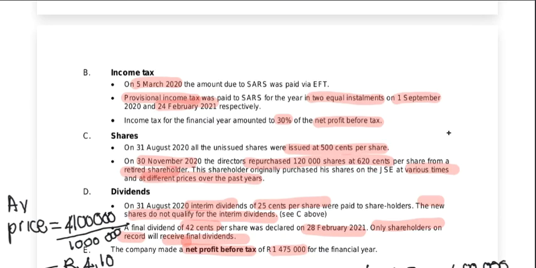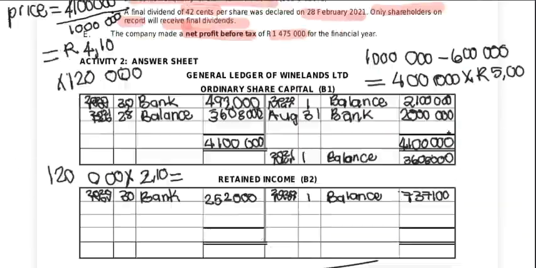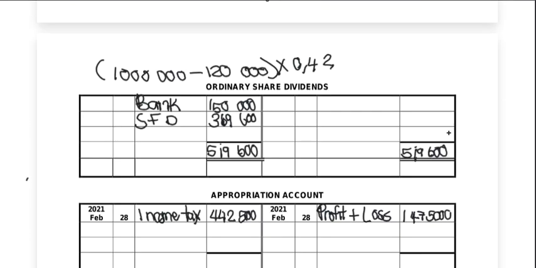Let me just check something out. Okay. That is what will be going to your appropriation account. Okay, my pen is giving me a lot of problems.